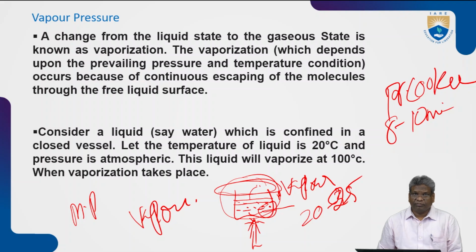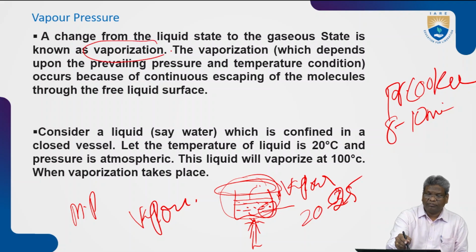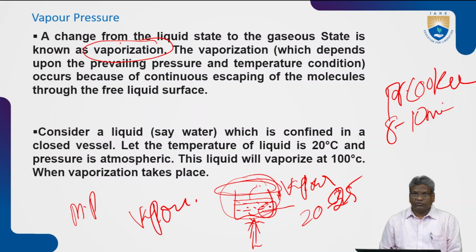So what is vapor pressure? A change from the liquid state to the gaseous state, that is vapor, is known as vaporization. Vaporization depends upon the prevailing pressure and temperature conditions.